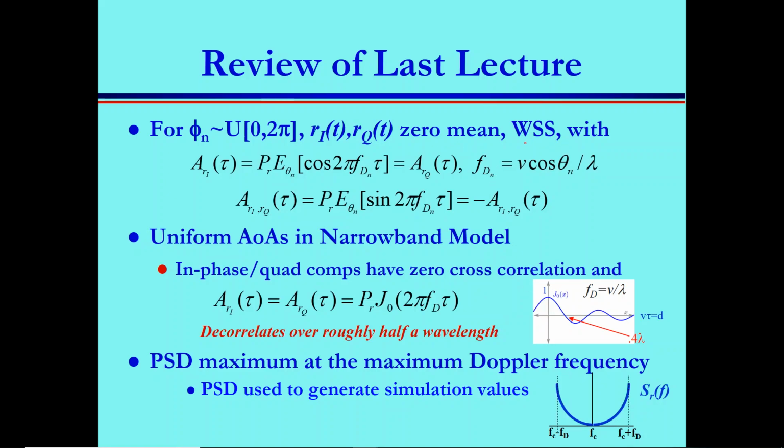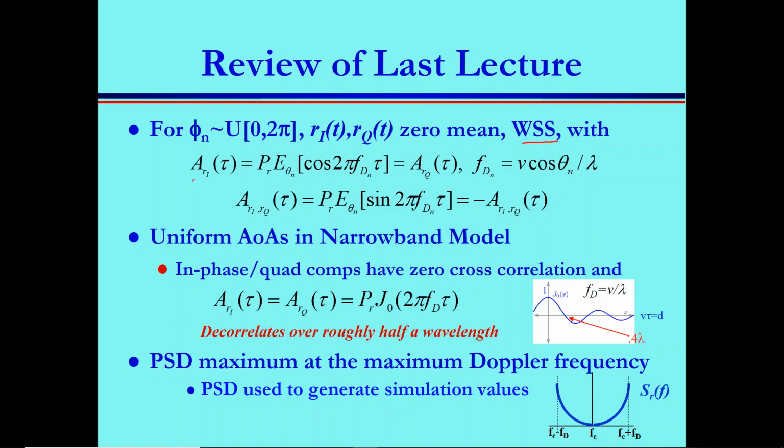Then in this case, we assume that we have a wide sense stationary process, and we said wide sense stationary means that the mean of your random signal is 0 and the autocorrelation is independent of the instantaneous time, but rather depends on the time difference, tau or delta t.